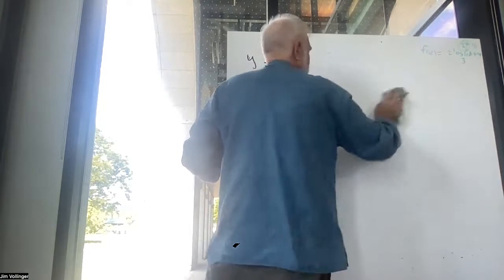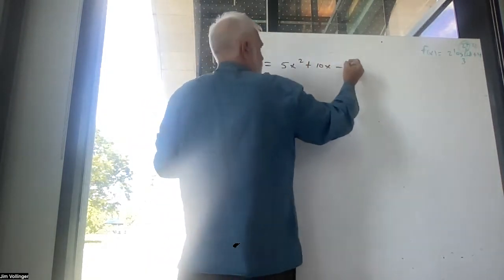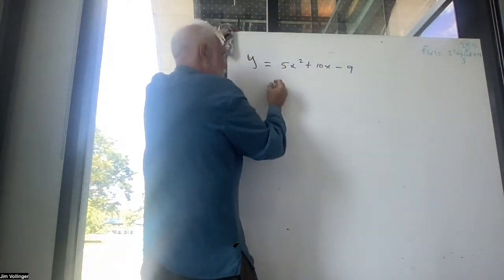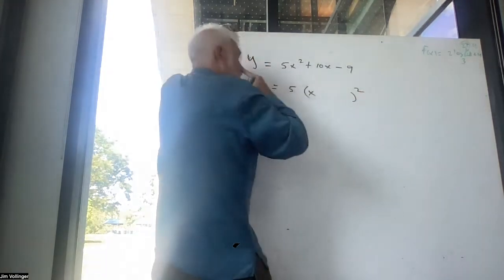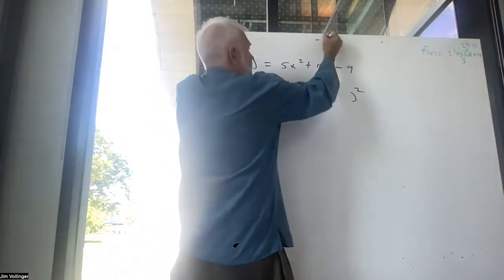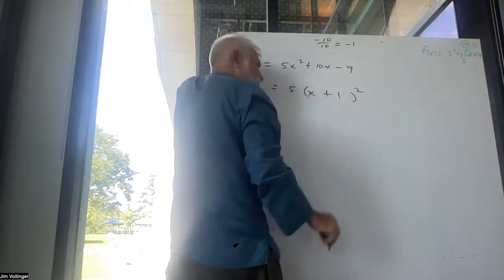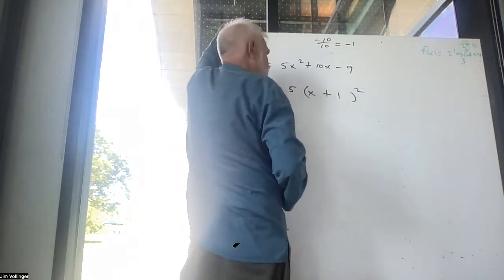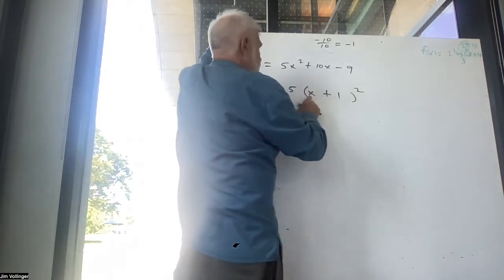Let's do 5x squared plus 10x minus 9, like that. So we got the gift. We got minus 10 over 10 is -1, so I write +1. That makes 0 squared times 0. The y-intercept, I don't want that. I want to figure out what goes with -1.